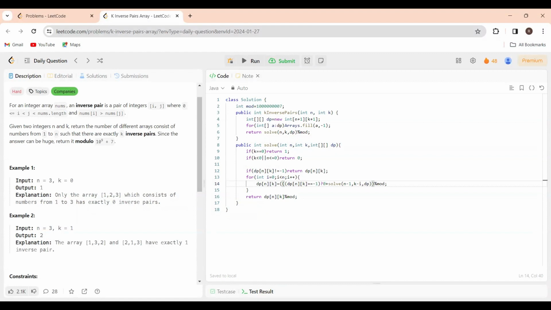Or else, if it is not minus 1, then it is a valid answer, so we can add dp of n comma k, right? In this way, if we apply a ternary operator, in place of getting a lesser value, we will get the original value here. So this is how we'll be applying a ternary operator and calculating the answer.